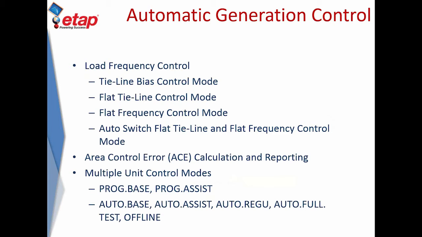Now, as far as frequency control is concerned, there are multiple objectives. Not to go into the details of each one of them. Each of them serves a purpose, but the one that we utilize the majority of the time is the auto switch. What that means is we automatically detect if there's an island formed in the system, because inside ETAP, unlike conventional SCADA systems or hardware-based systems, we know the model connectivity, and as we get the status of various devices in the system, we can easily decide based on connectivity which part of the system is islanded and which one is grid connected.